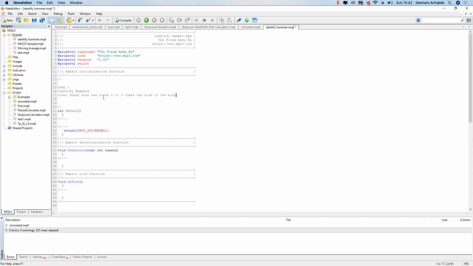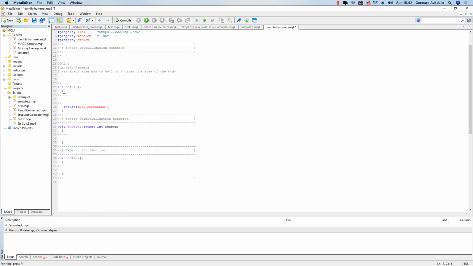Since today is going to be the first actual EA that I'm going to write, I want to explain real quick what these functions in here are. In here, we can write code that is going to perform as soon as we open the EA.